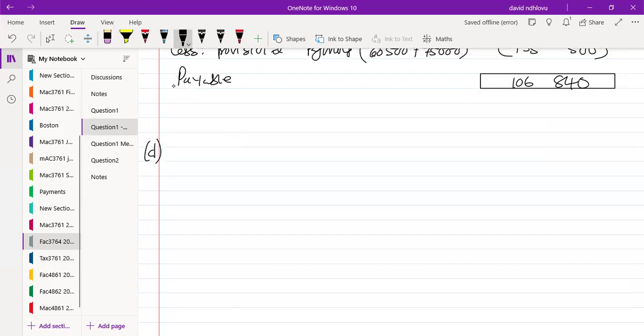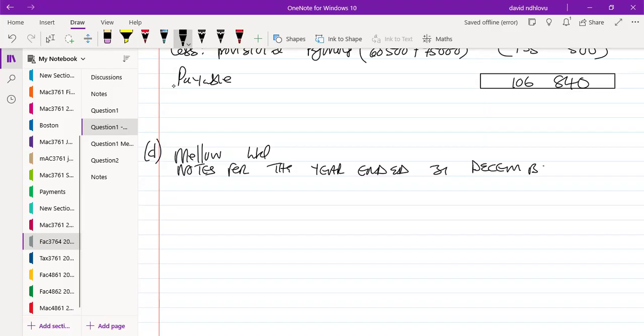Right, so when you do disclosure, it is the name of the company first, which I think is Melo Limited. And then you say notes for the year ended 31 December 2019.